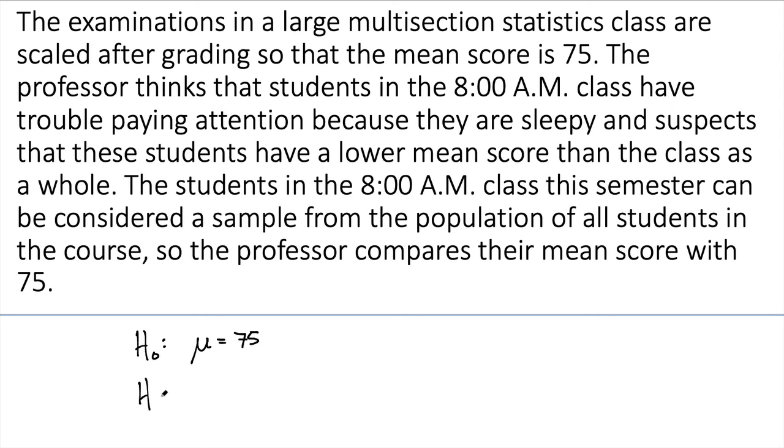The alternative hypothesis, H sub A. This professor is specifically looking to see if the students have trouble paying attention and if the students have a lower mean score. That is specifically what the professor is looking for. So he's looking for a mean score in that section that is less than 75. So this is our alternative hypothesis for this situation. This is a one-sided hypothesis because we just are looking at one side of the value in the null hypothesis.